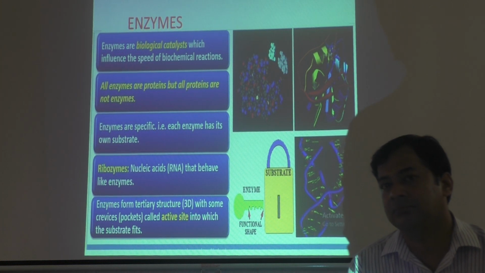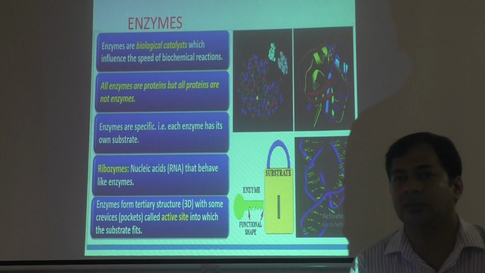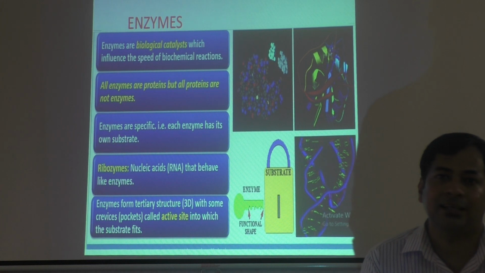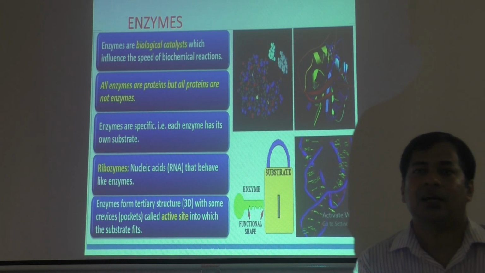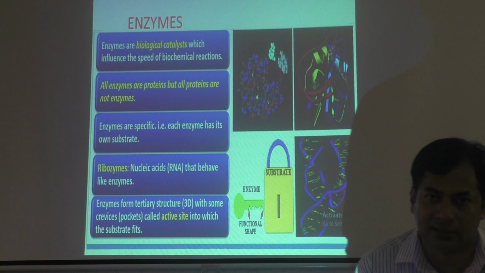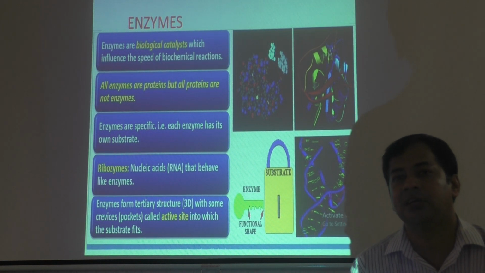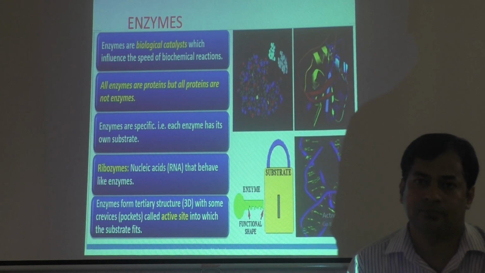Lactase is an enzyme. The word lacta means milk. Lactase is an enzyme present in a bacteria called lactobacillus, and this bacteria is present in the milk. That lactase enzyme is required for converting milk into curd.